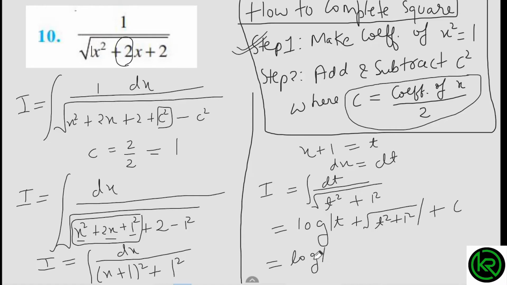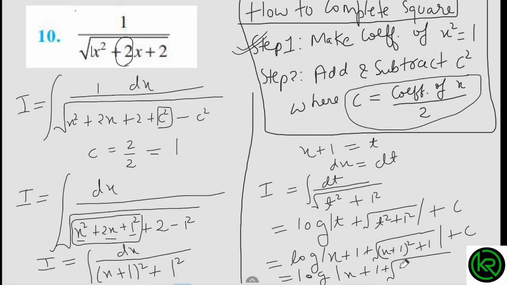T value is x plus 1, so x plus 1 plus under root x plus 1 square plus 1 mod close plus c. Okay, at last we will get x plus 1 plus under root x square plus 1 plus 1 will be 2, and then one thing more, students, 2ab will be 2x. Okay, so this is our final answer.